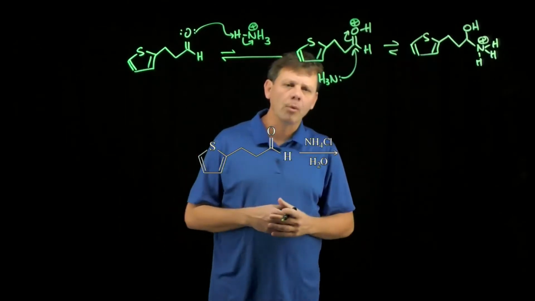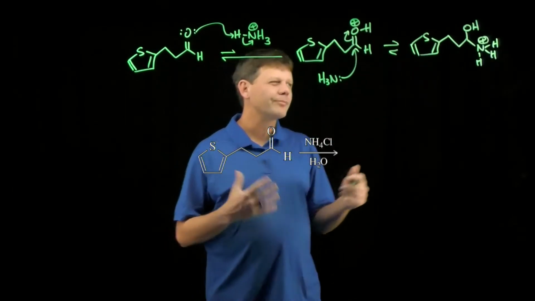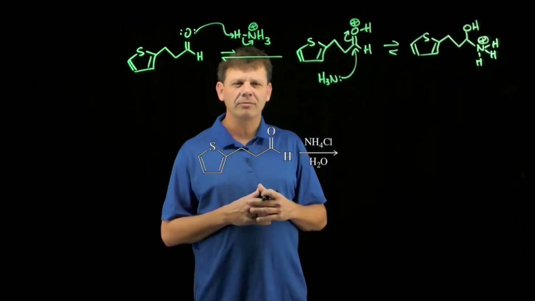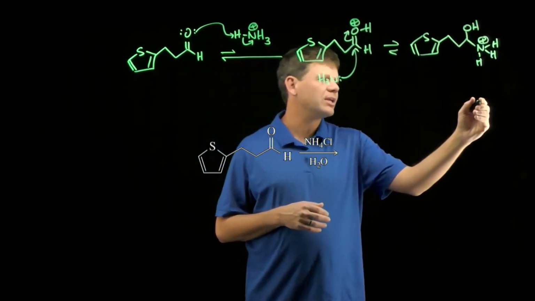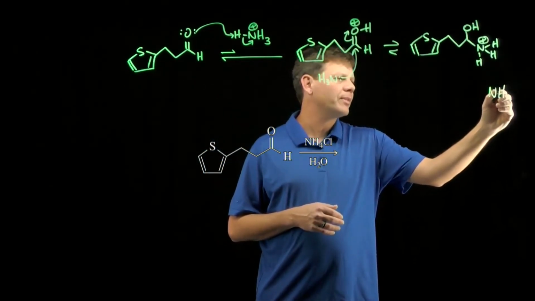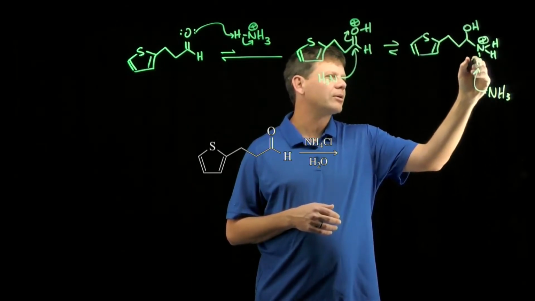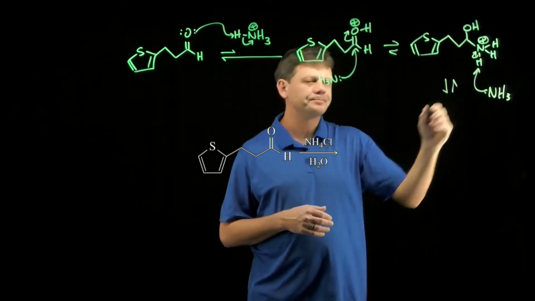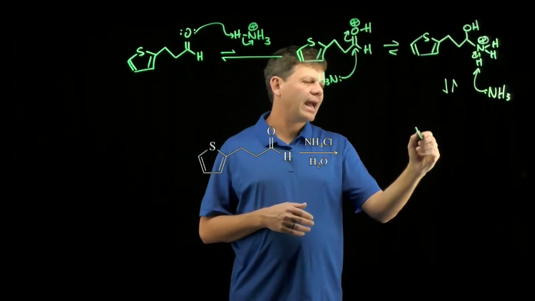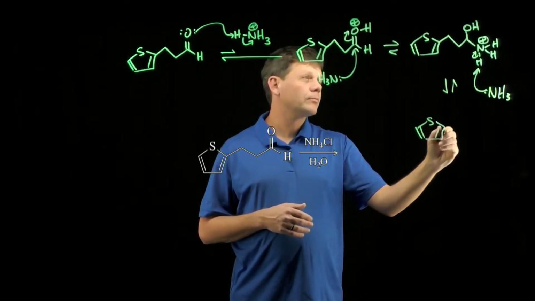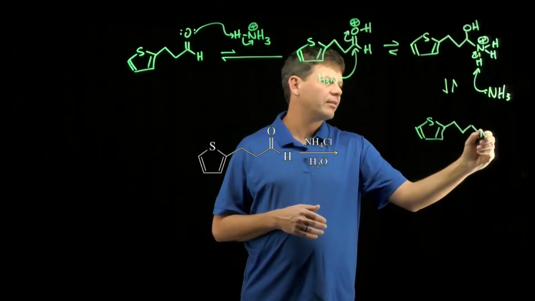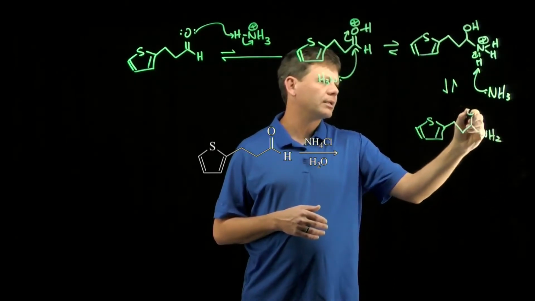Maybe there's more ammonia, maybe we can use water. Again, not going to be a particularly favorable deprotonation. Let's use ammonia just so we feel a little bit better about the deprotonation. But when that happens, we're going to end up with this product here.